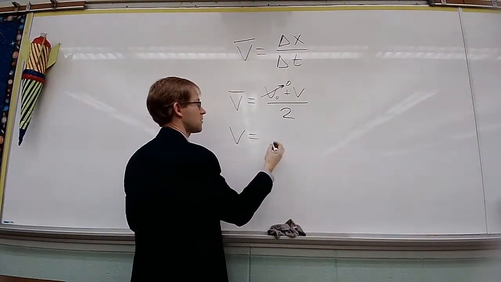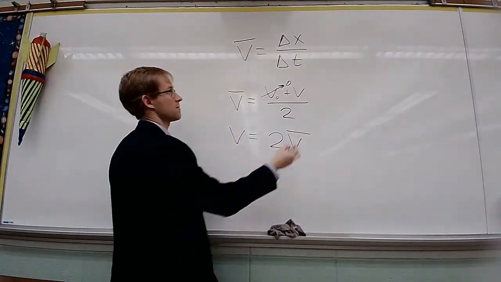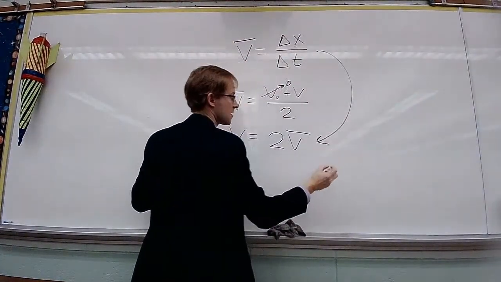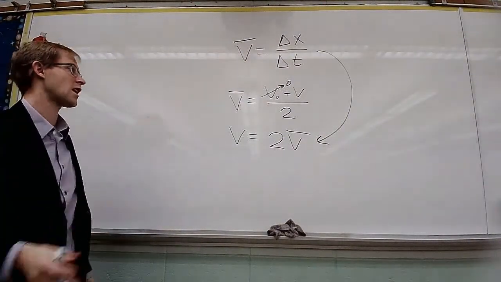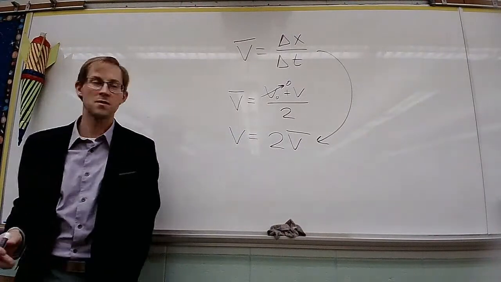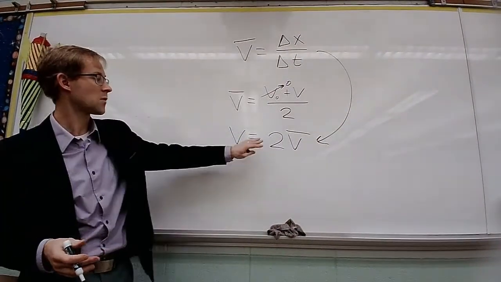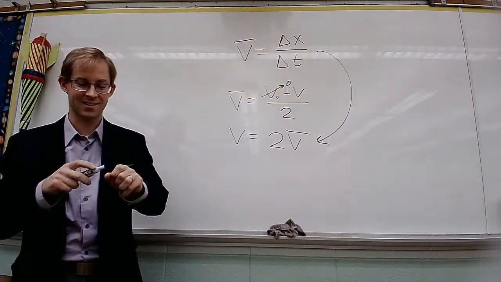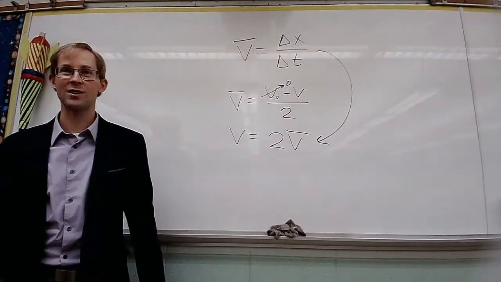So your final velocity would just be 2 times whatever that average velocity is that you calculated earlier. So if you calculate average velocity to be 7, that means your final velocity, if you release that car from rest, would be 14. There's a summary of 40 minutes of a lab activity right there.